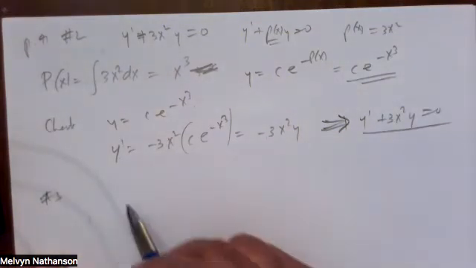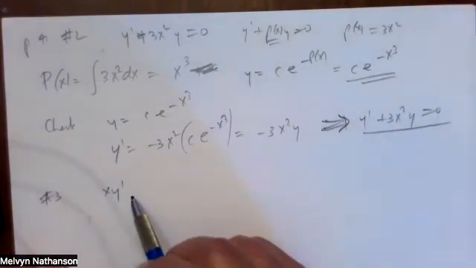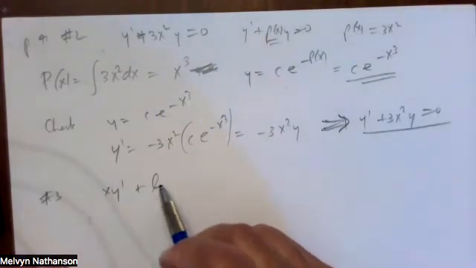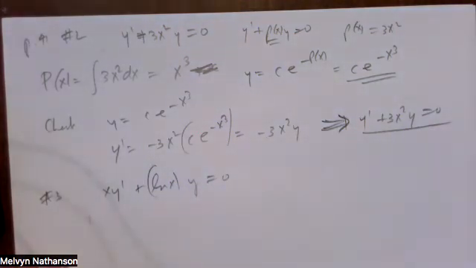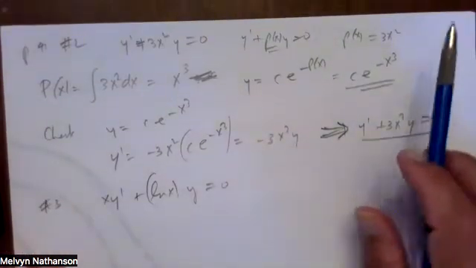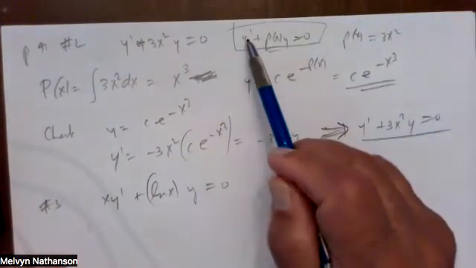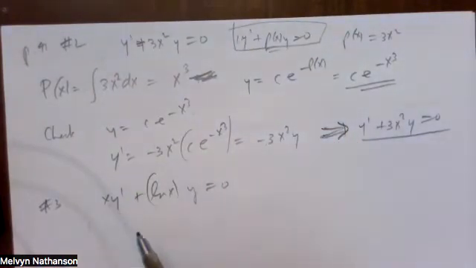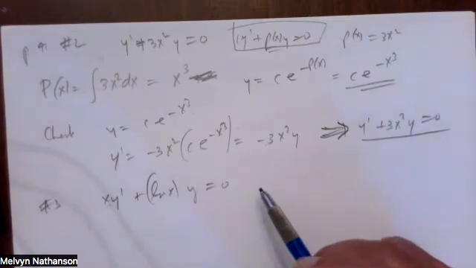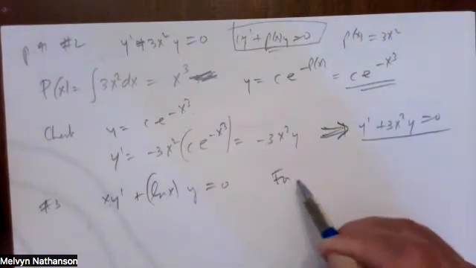Number 3 is the equation x y prime plus log x times y equals 0. And you might say this doesn't look right because in my general form for a linear equation, the coefficient of y prime is 1. And here it's not 1, it's x. But we can deal with that easily.